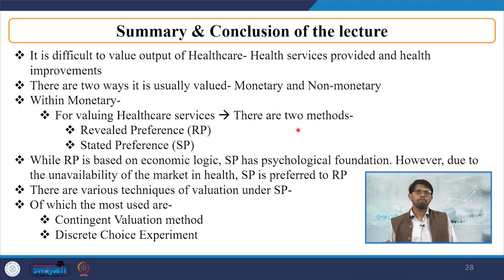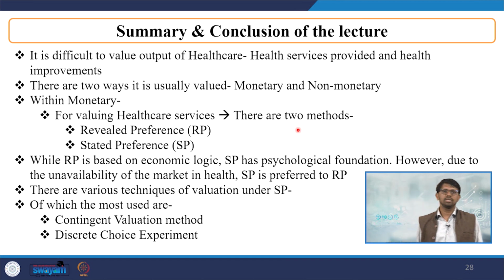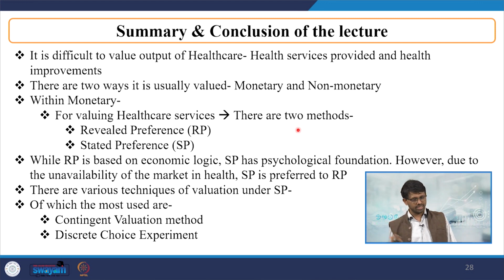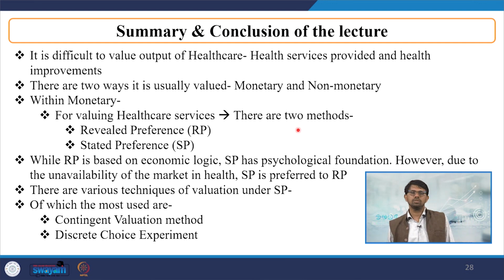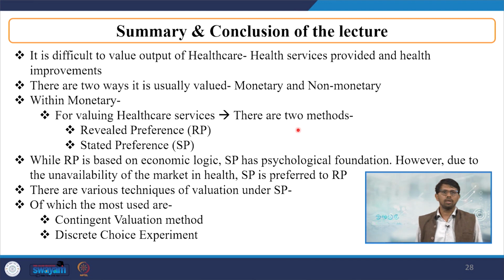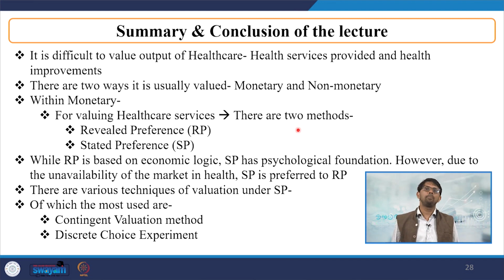Within monetary, for valuation of healthcare services, there are 2 methods we discussed: the revealed preference approach and the stated preference approach. While revealed preference is based on economic logic, stated preference has hypothetical or psychological foundations. However, due to the unavailability of a market in health, stated preference is preferred to RP.